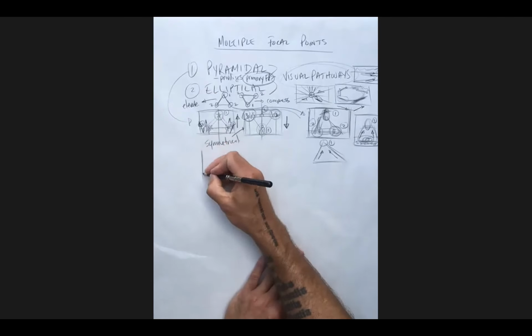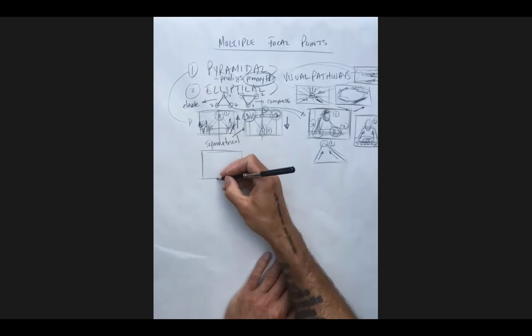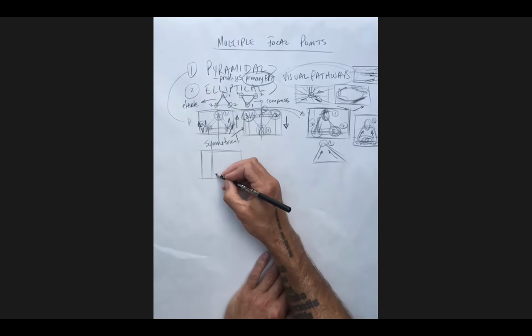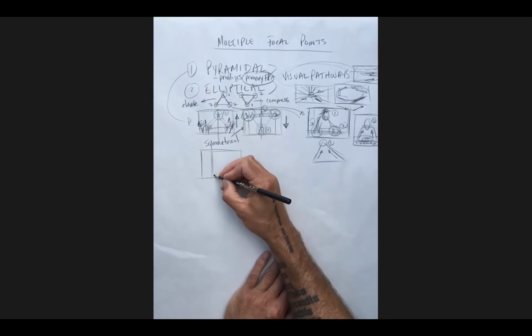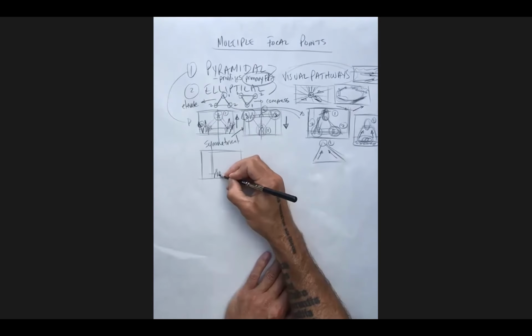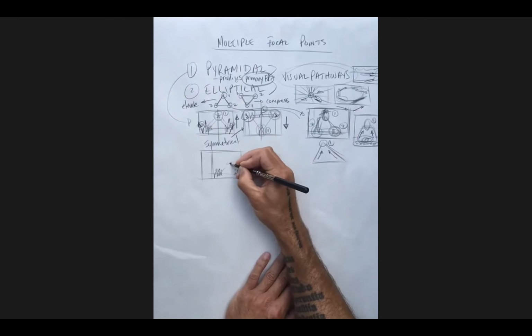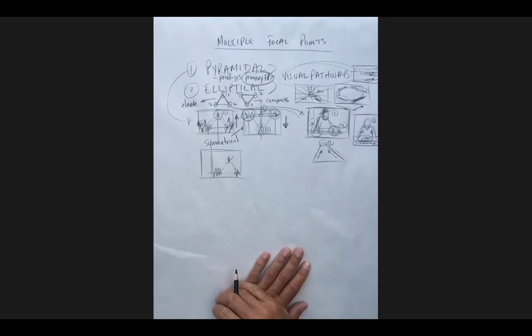You could do the exact same structure asymmetrically. Let's say that we change this a little bit, and now we have all of those characters set up like this. Okay, there's that.